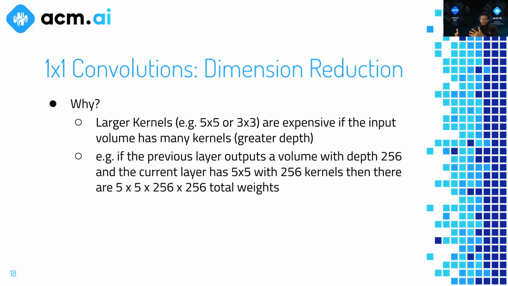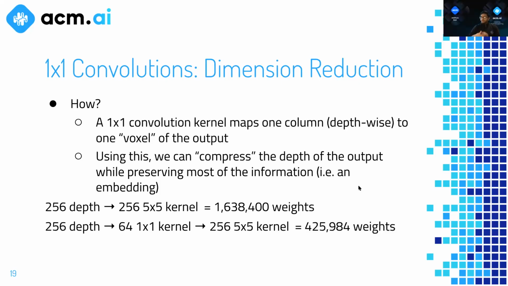That's a lot of weights, 5x5 by 256 by 256, really big. That's a lot of computation and a lot of training time, which is an issue. We don't want to take forever to train our models, and we don't want them to be too computationally intensive. So how do we deal with that? Well, we have this concept of one-by-one convolutions.